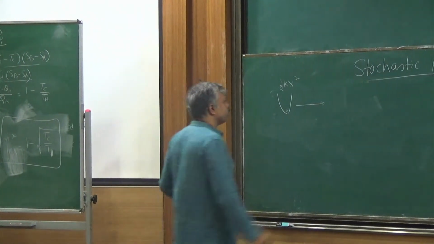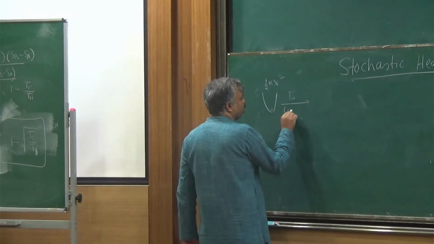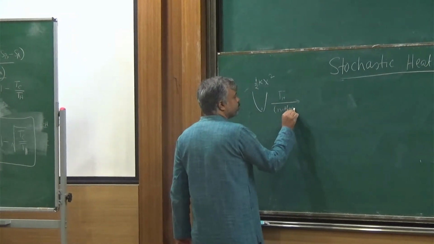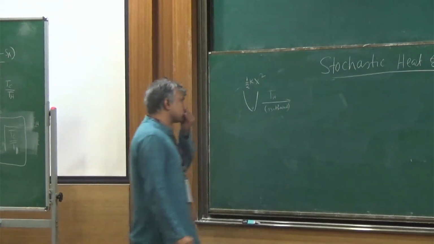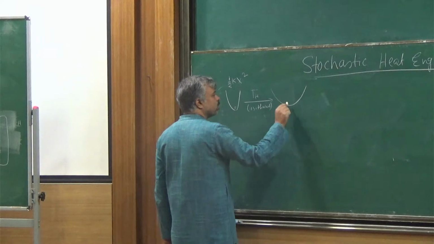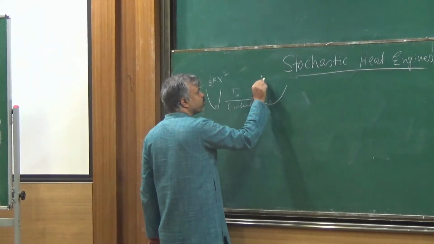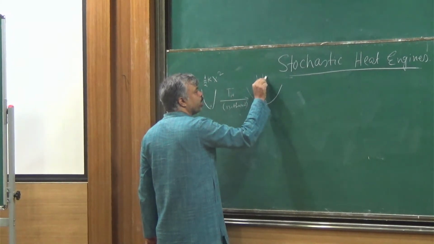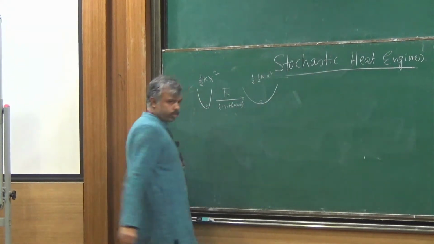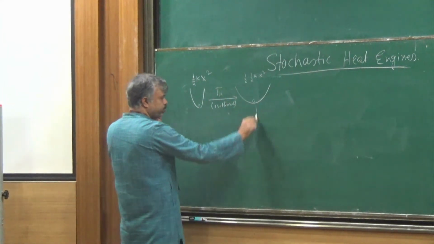Then it is TH, isothermal expand. Okay, so this is now half K square. This goes to here.